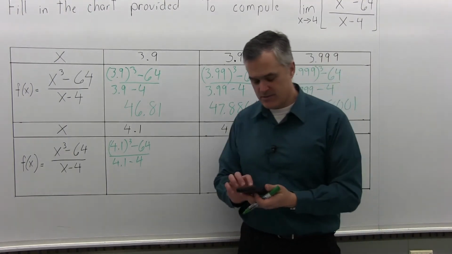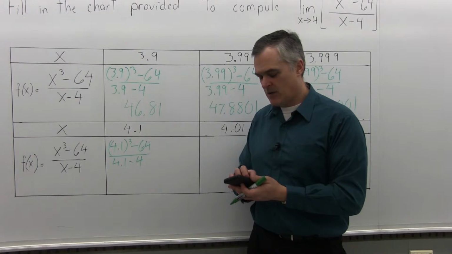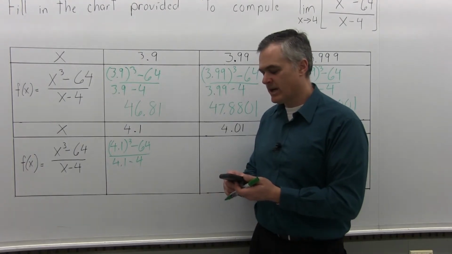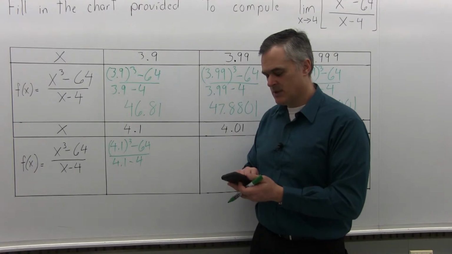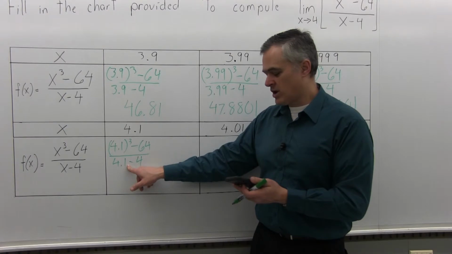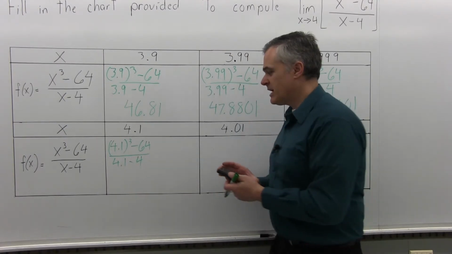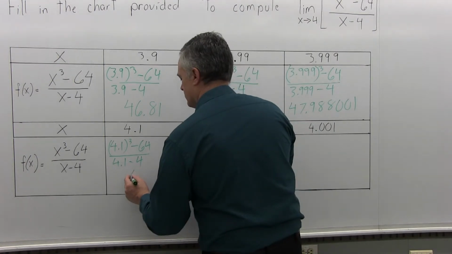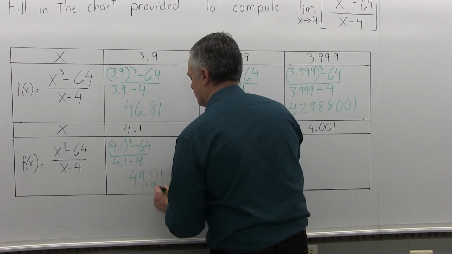I'll do the math with my calculator, of course. 4.1 third power equals, I get 68.921. I'm going to subtract 64 from that. I get 4.921. I'm going to divide on the bottom by 0.1. And when I do the math, the result comes out to 49.21.